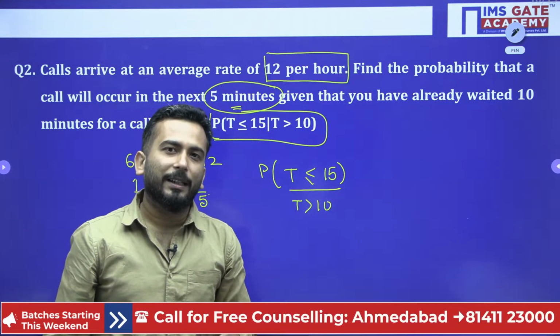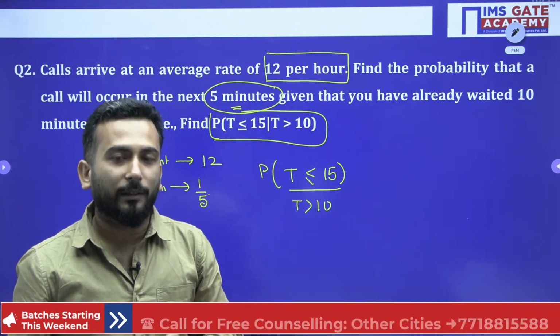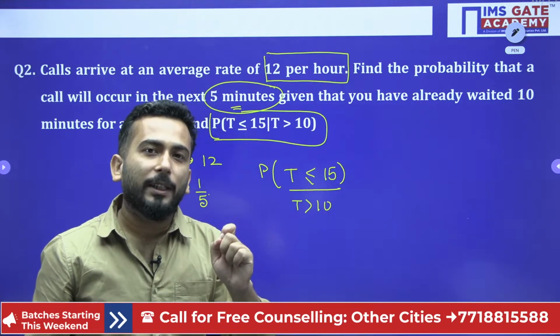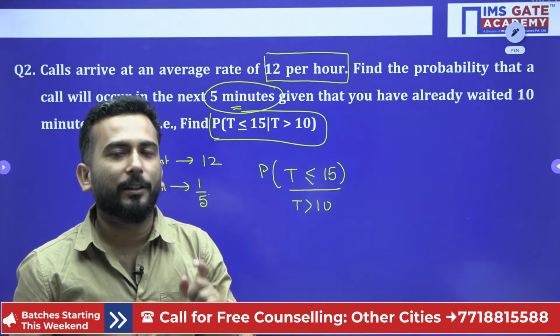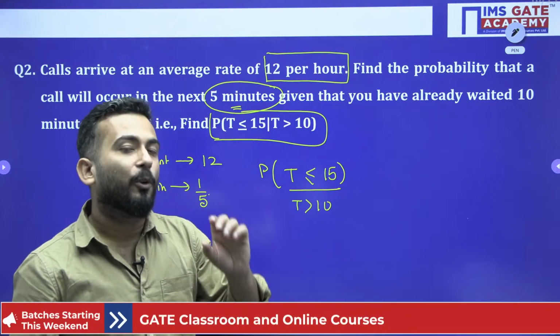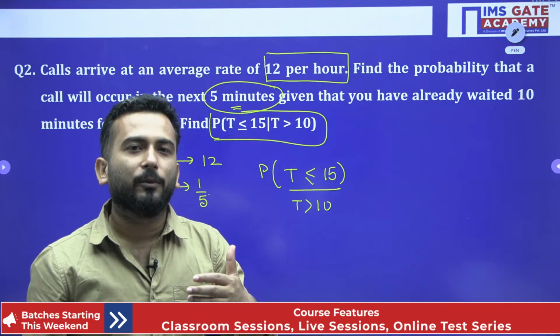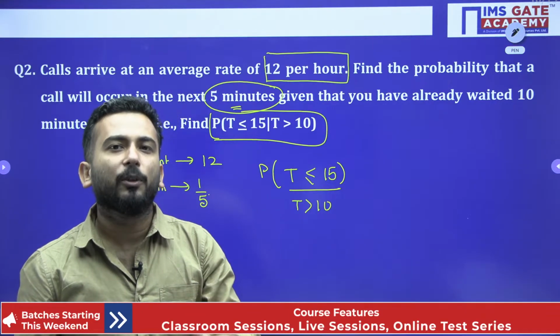Now, my dear friends, let me tell you another interesting concept. This is the forgetfulness nature of exponential distribution. I repeat again, forgetfulness nature. In Hindi, forgetting something, bhool jana, forgetting.